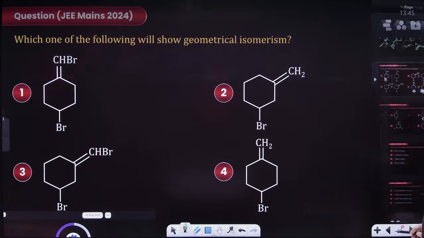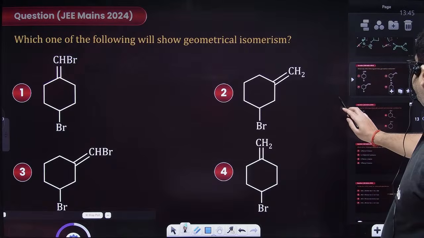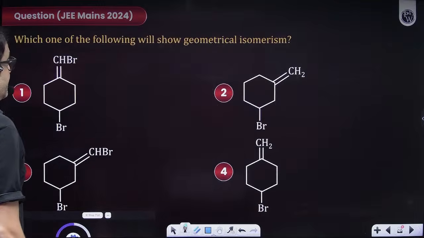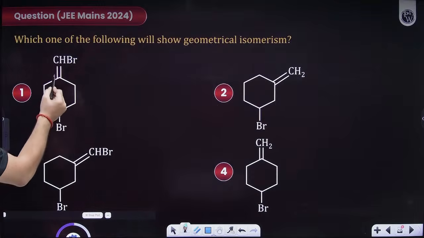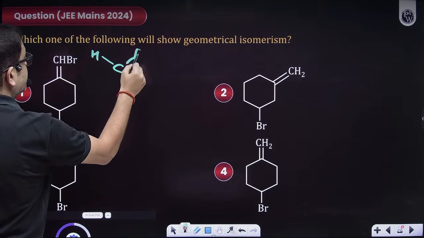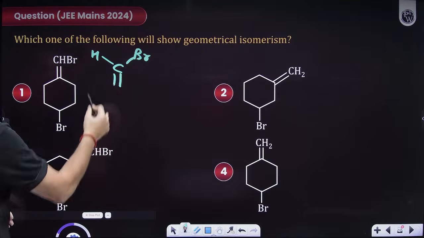Which of the following will show geometrical isomerism? Sir, this is C with an H and a Br, double bonded, so these groups are different.